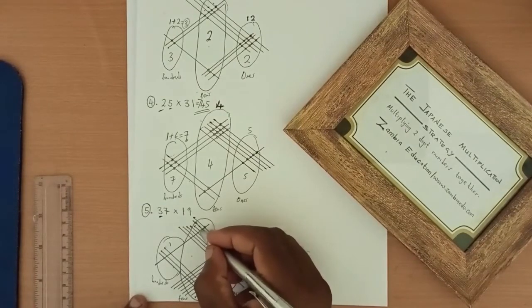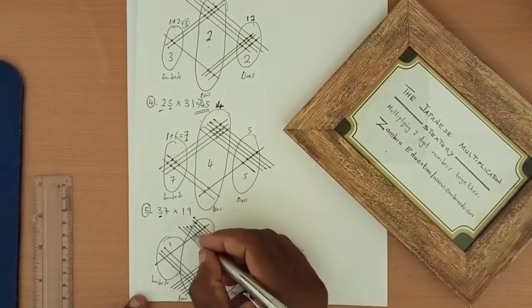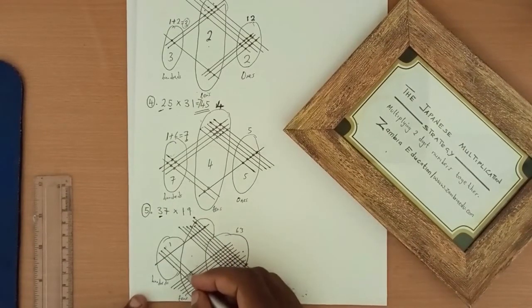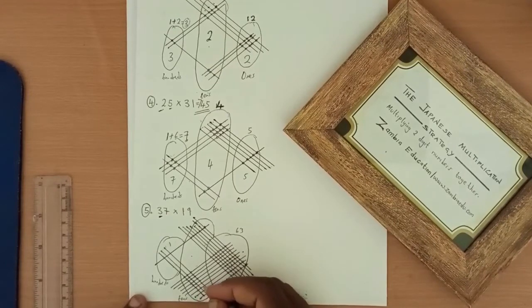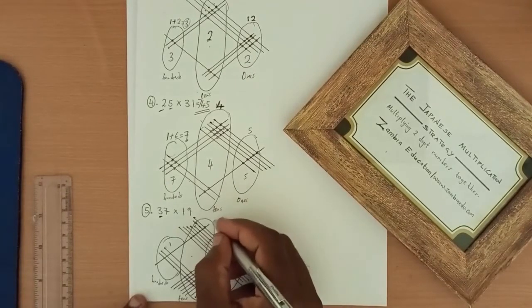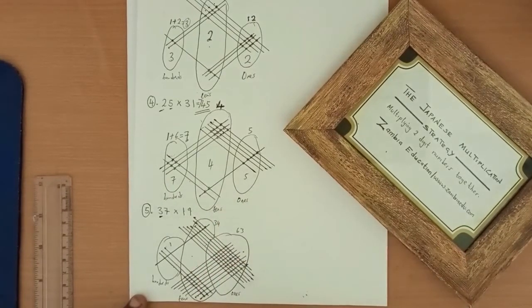You have 1, 2, 3, 4, 5, 6, 7, 8, 9, 10, up to 27, 28, 29, 30, 31, 32, 33, 34. So under this section, you have 34.